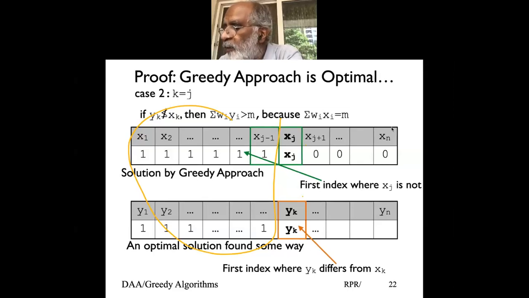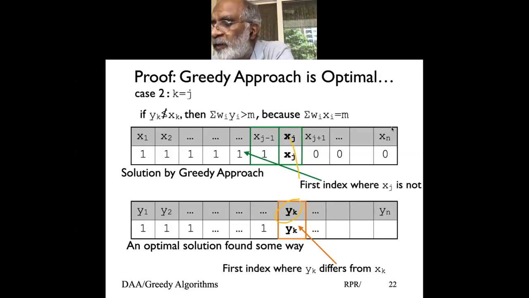Now, even if you look at here in this case, when k is equal to j, this yk has to be less than xj. Because remember now this yk and this is xk again, because j is equal to k, so yk has to be less than xk.